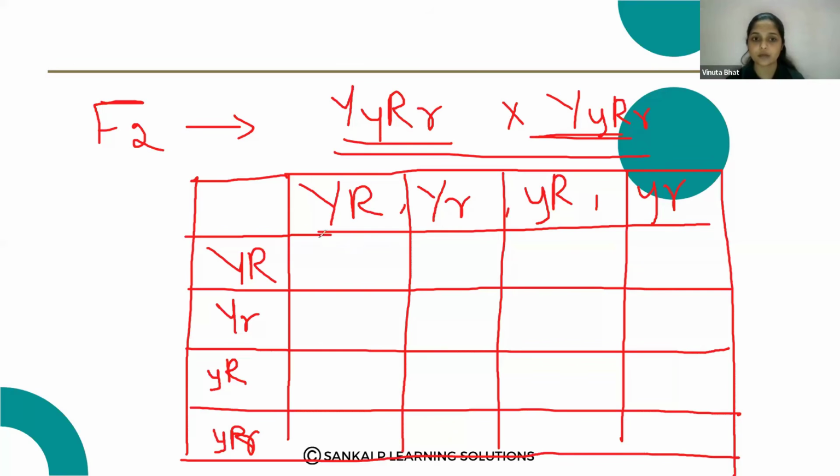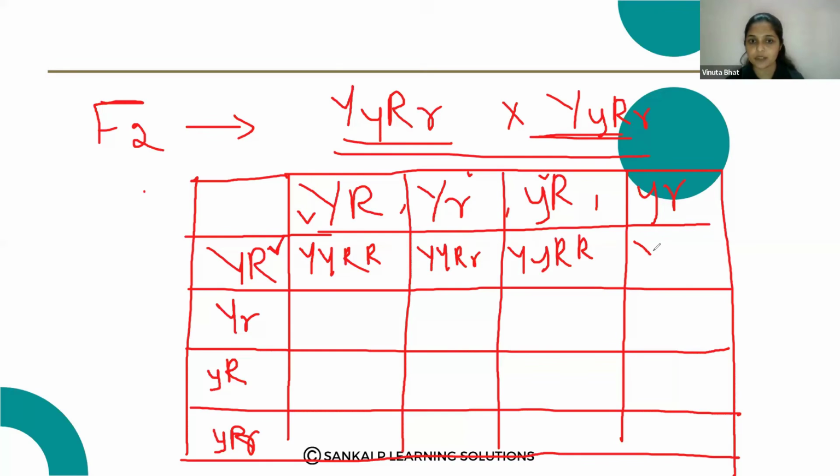So you have to add this capital Y, capital Y, capital Y, capital R, right? Then here I'll use some other color, okay, this color only. Next, this gamete with the second one, capital Y capital R small r, and this gamete with this one, capital Y small y capital R, right?